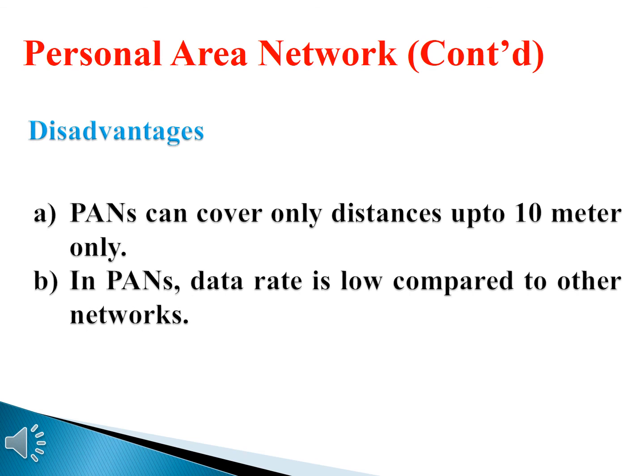We have already discussed that if we are connecting a printer with the computer, then it is also a personal area network. Now if we want to print anything, then the data transfer to the printer is very slow as compared to the other network.